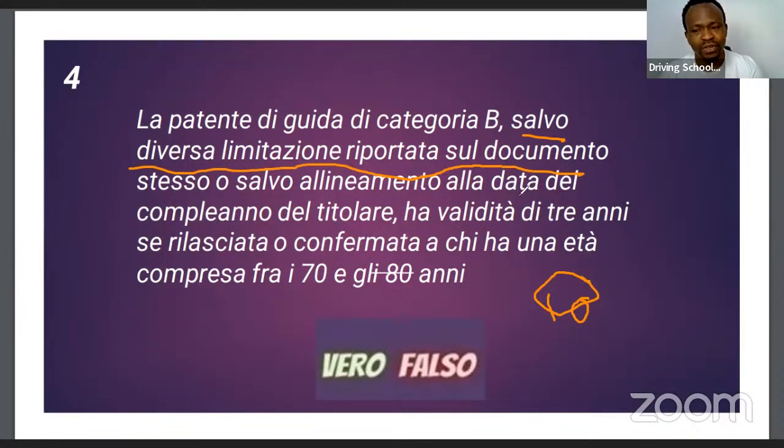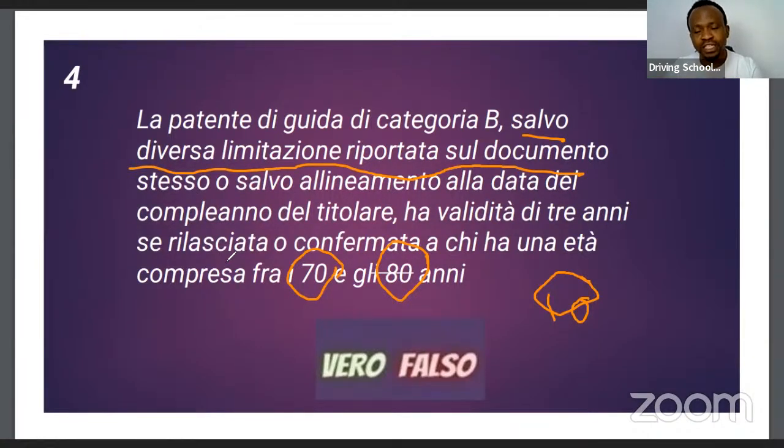So what they are telling us is that in that Patente B, for all those people of this age to this age, their license duration is 3 years. And for these 3 years, the expiring date happens on their birthday, their birth date, you understand?